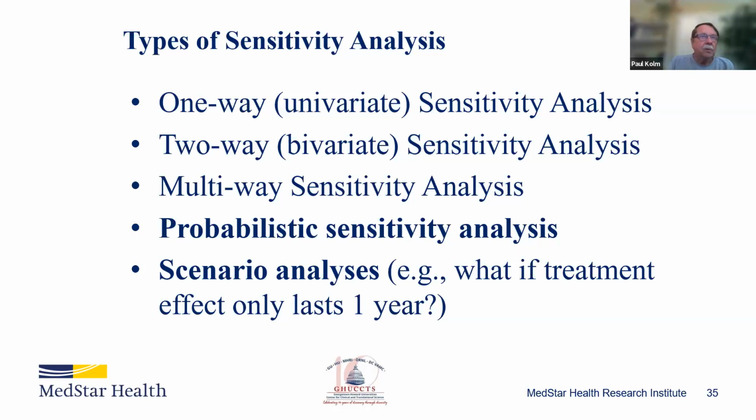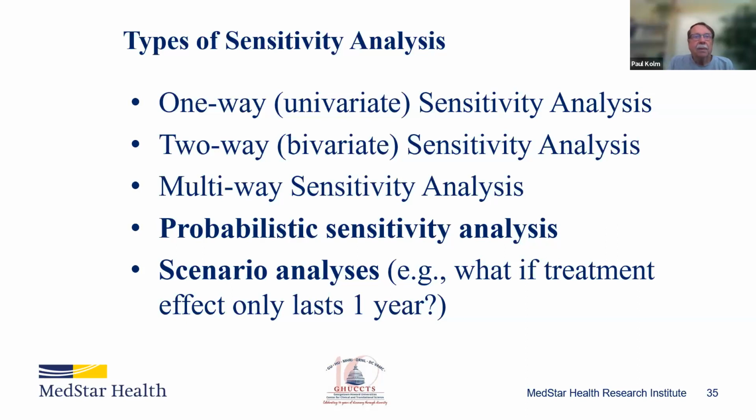Or there are some other variables that we might want to vary as well, and do a multi-way sensitivity analysis. One that's more commonly used is what's called probabilistic sensitivity analysis, and I'm going to give an example of that. And then we'll do what are called scenario analyses.